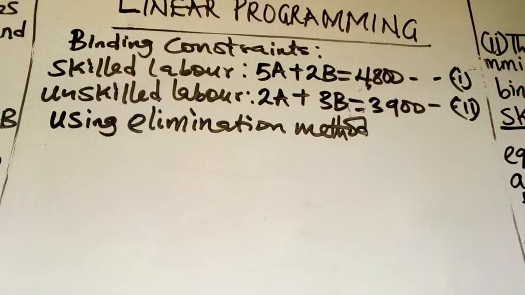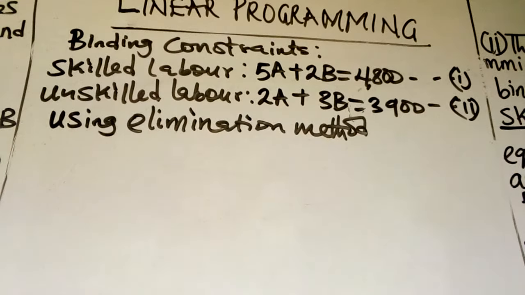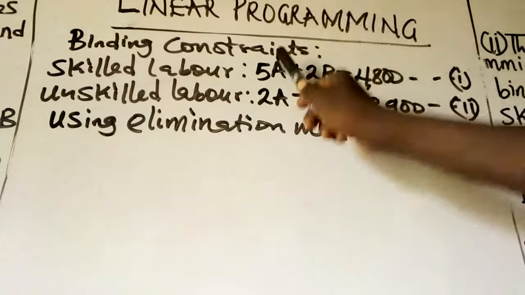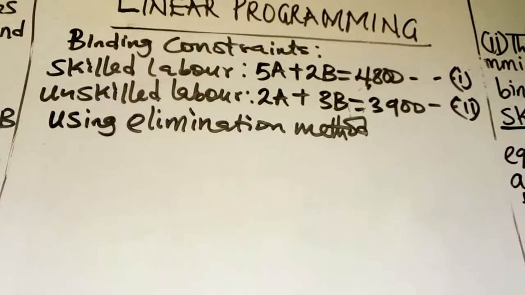But for the purpose of this class, I want to use the elimination method. To use the elimination method, one of the coefficients of the unknown variables must be the same. The unknown variables are A and B. That means you want to solve for A and B.